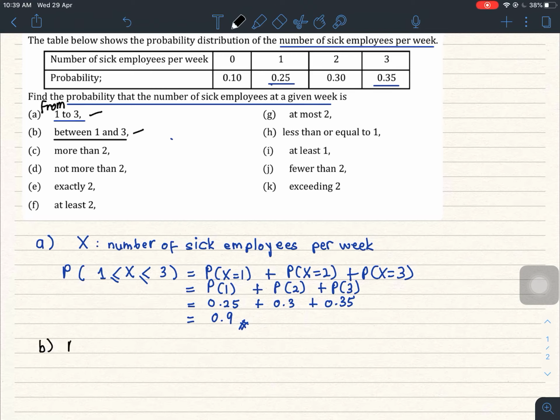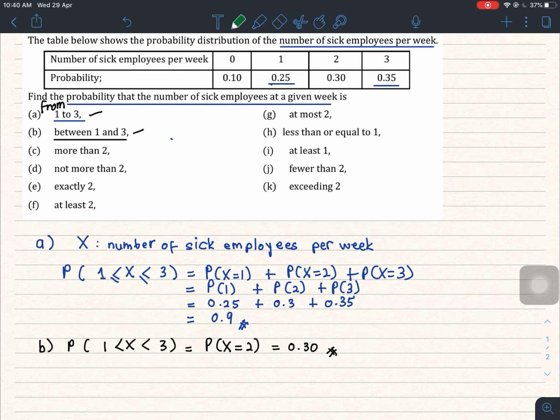So you write the notation P(1 < X < 3) with no equivalent sign. Since X = 1 is not included, it starts with P(X = 2), and since 3 is not included, we stop at 2. You get your answer straight away from the table: 0.3.